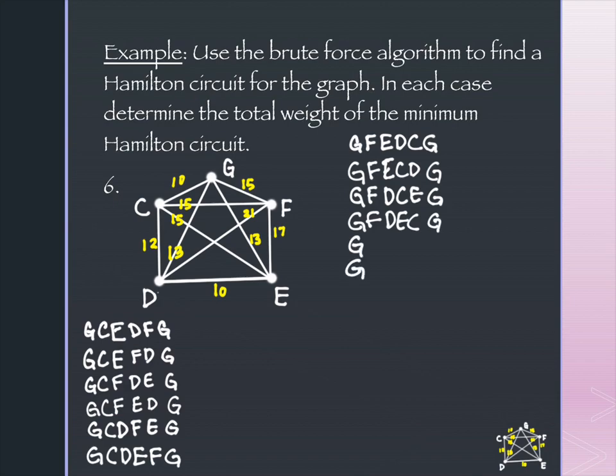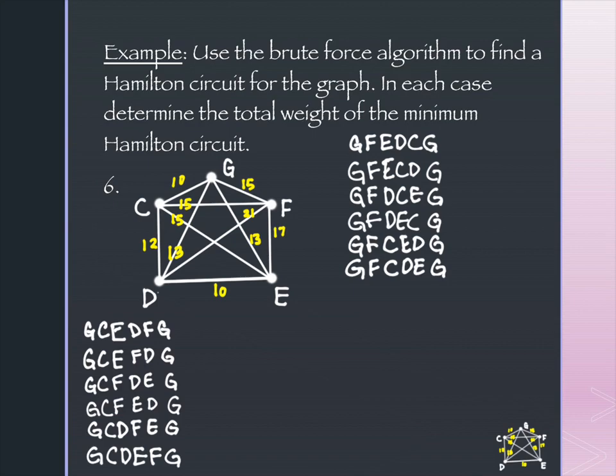Or I need 2 more GFs. GF, what else? What am I missing? GFCED, and GFCDE. That's those 6.